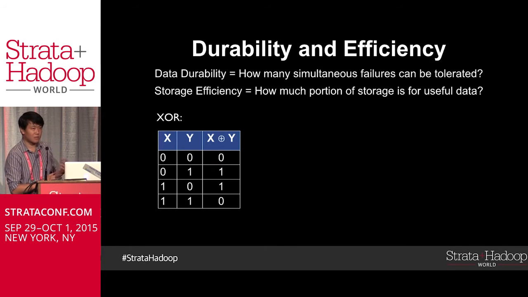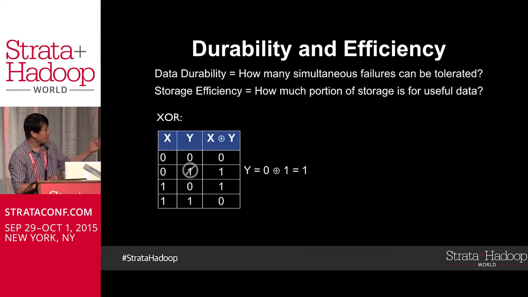So this is the XOR operation, or exclusive OR. This is a table of how XOR is calculated. So given 2 bits 0 and 0, you get 0. So basically, if the 2 input bits are the same, the output is 0. If the 2 input bits are different, the output is 1. That means if you lose 1 bit, you can always recover by doing the XOR calculation again.